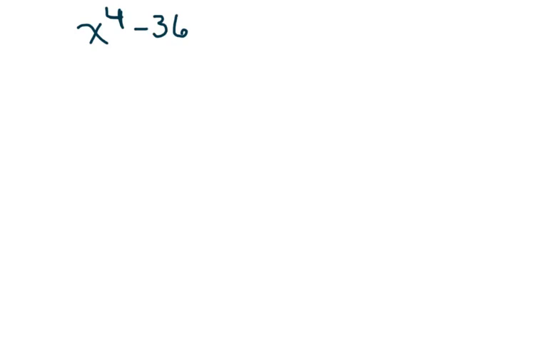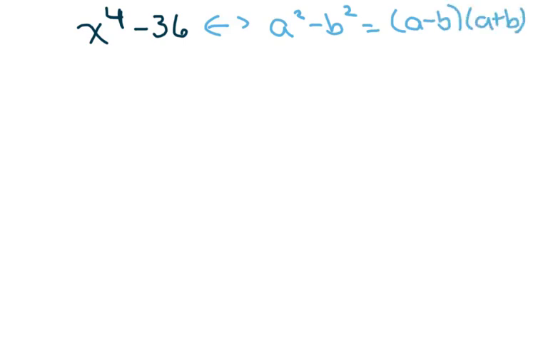We have to factor this. This follows our factoring facts of a squared minus b squared equals a minus b times a plus b. So in this case, I'm going to write down what's my a and what's my b.